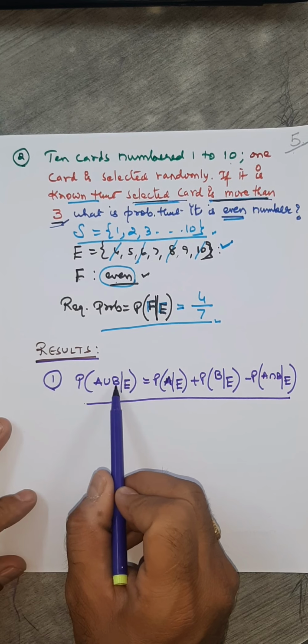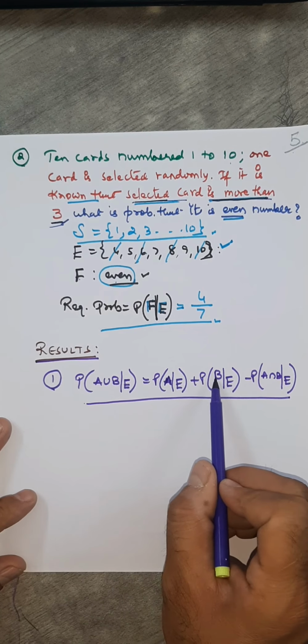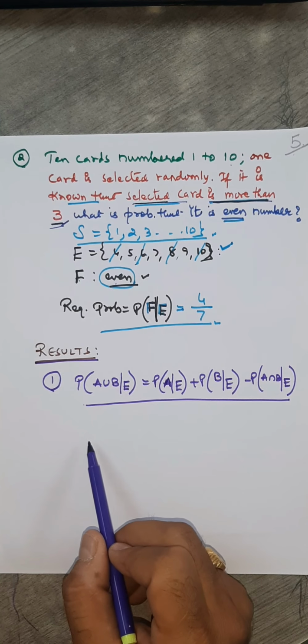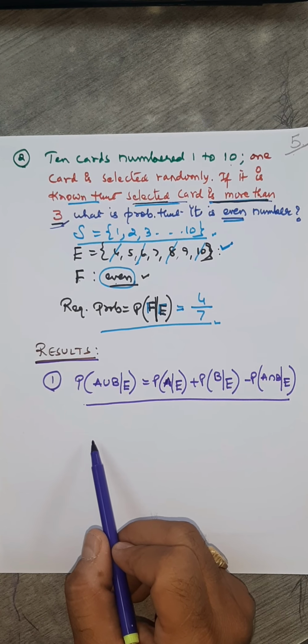Probability of A union B is P of A plus P of B minus P of A intersection B, every time you have conditional probability. Same rule you can state for 3 events also. It can be proved, remember.